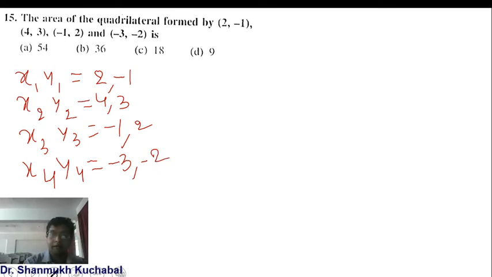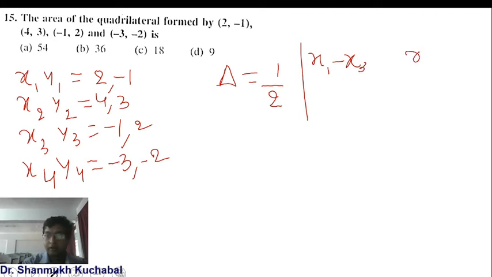Then the area of the quadrilateral equals 1 by 2 times the modulus of (x1 minus x3) (x2 minus x4), (y1 minus y3) (y2 minus y4).